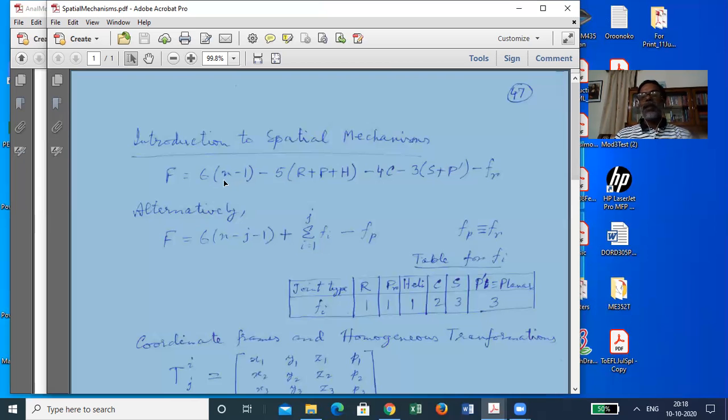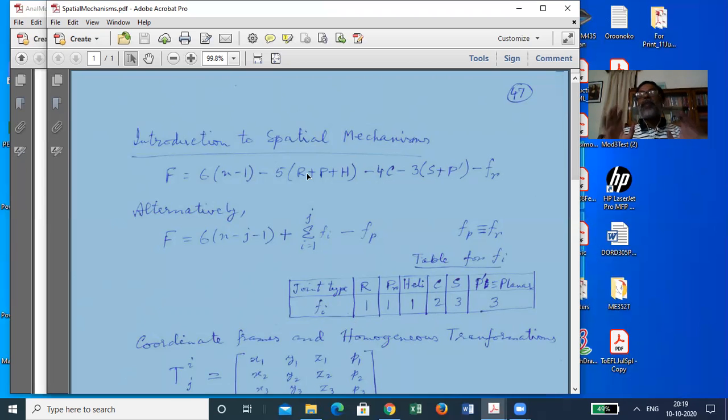So 6 into 6, 36, minus 5 into 7, 35. And that gives you 1 freedom, 36 minus 35. Okay. So that 7R closed loop linkage has just 1 degree of freedom. And doing the position kinematics of that is enormously difficult, in general.